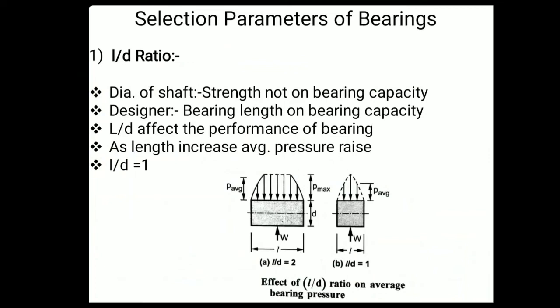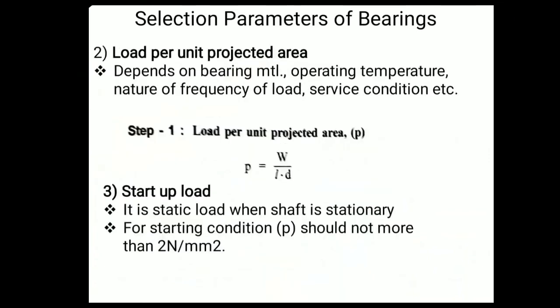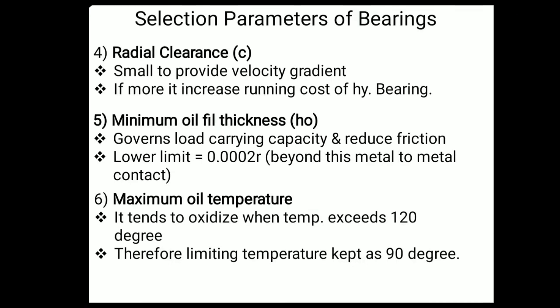First is the L by D ratio, which I have explained. Then second is the load per unit projected area, which depends on the bearing material, operating condition, nature of load and service condition. Third is the startup load, which should not be more than 2 Newton per mm square. Next is the radial clearance; if it is more, then more material is required and it is costly.